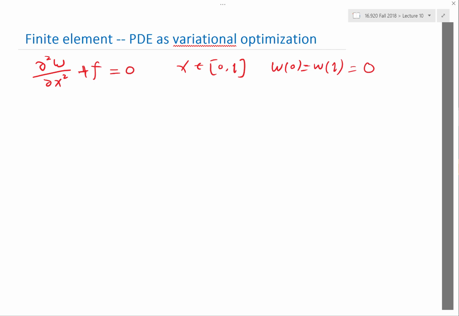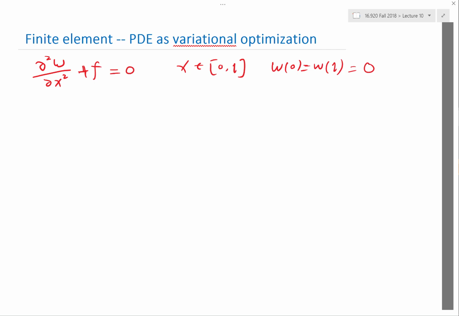Once you pose the equation as an optimization problem, then you can say, I'm going to restrict my solution into, for example, piecewise linear functions, right? We can split the domain into elements, and we can enforce the function to be a linear function within each element. So that's what finite element is doing.